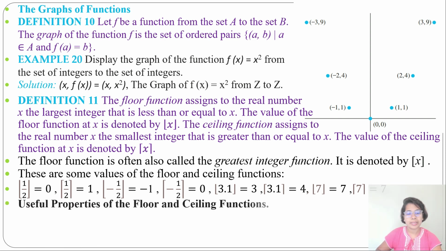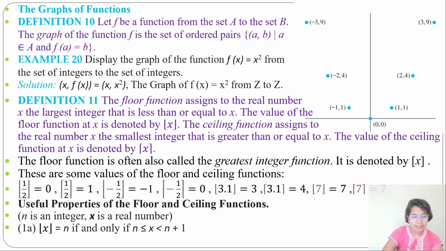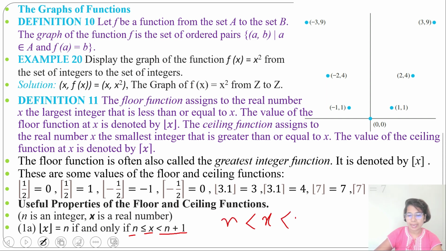Now some properties of floor and ceiling function. First, floor of x equals n if and only if n is less than or equal to x and x is less than n plus 1. If the x value is in between n and n plus 1, then its floor value will be n.